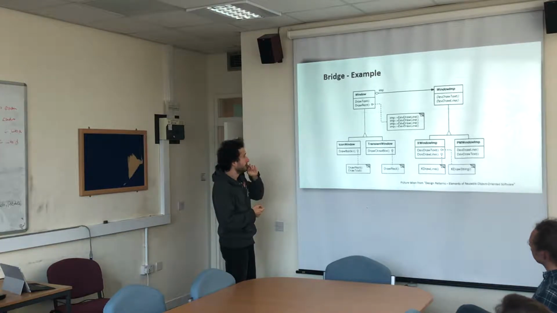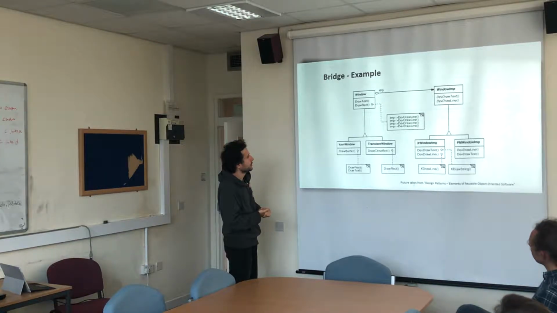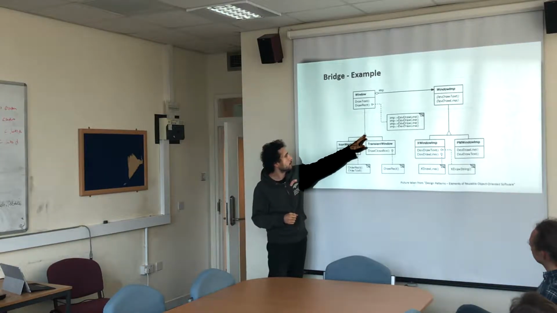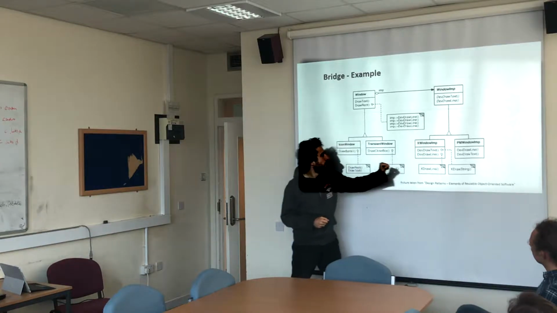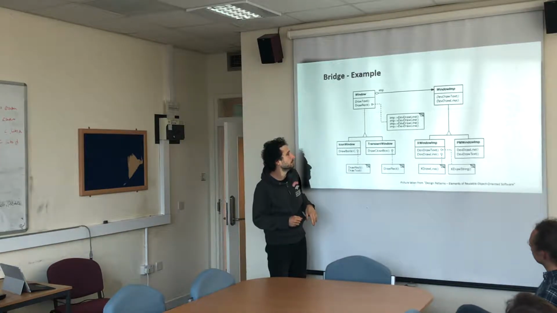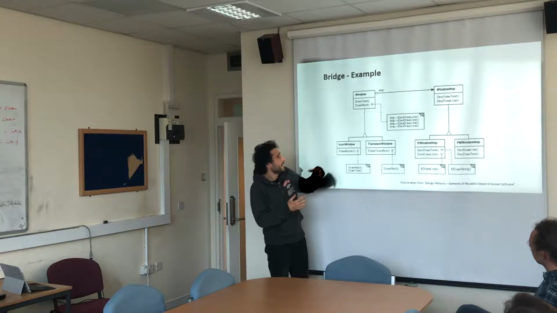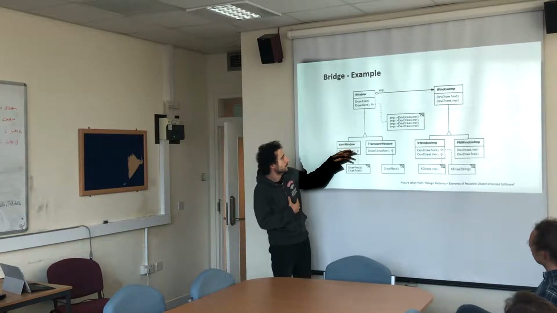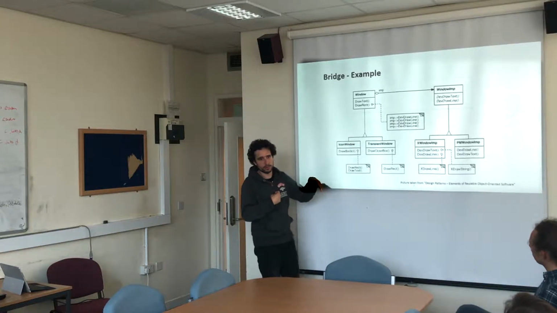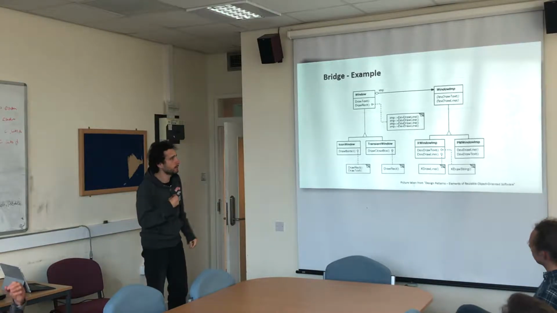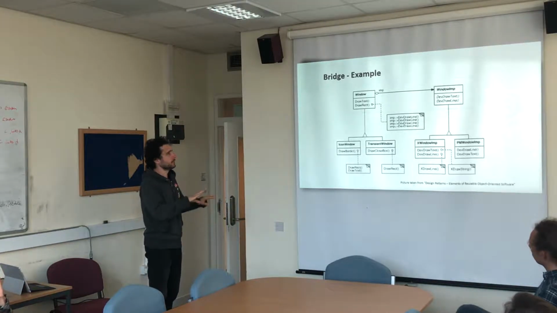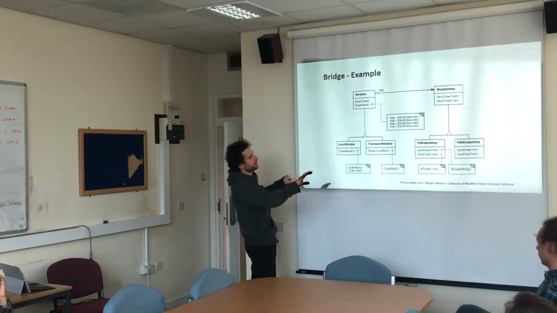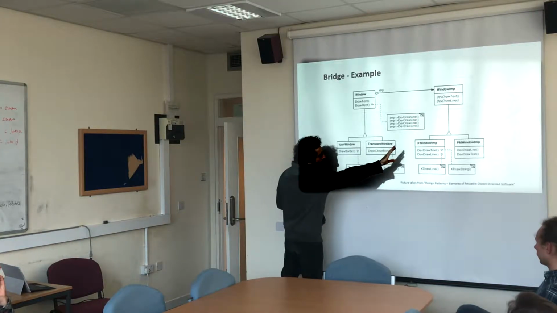And this triangle here represents implementation, like the empty triangles that I was using in the previous UML diagram. And as you see, we have decoupled the implementation.